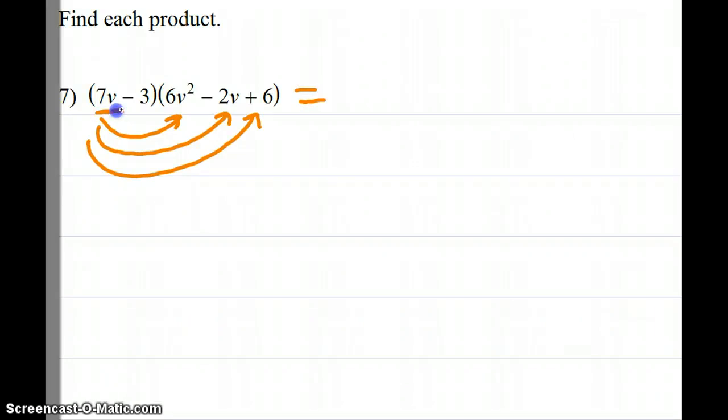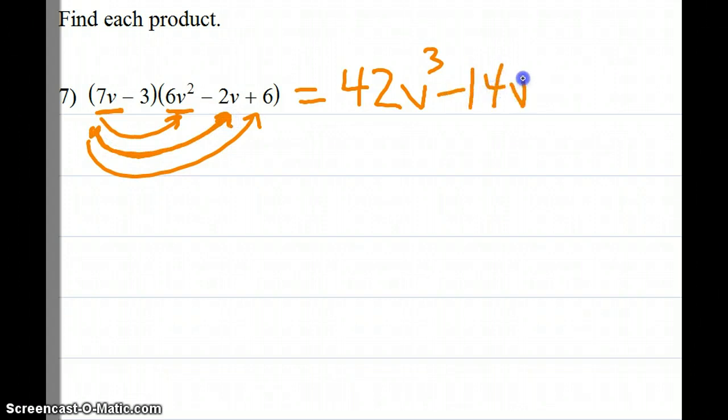So 7 times 6 is a 42. V times v squared will give us a v cubed. 7v times a negative 2 will give us a minus 14. V times v is a v squared. And a 7 times 6 will end up with a 42. And we have a v and no v, so we'll just end up with a v.